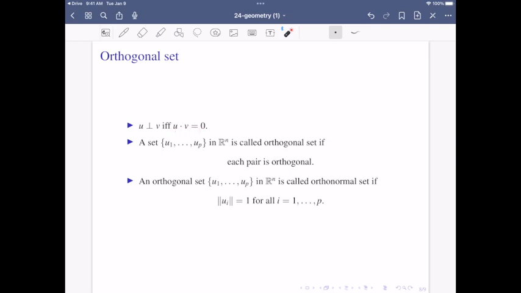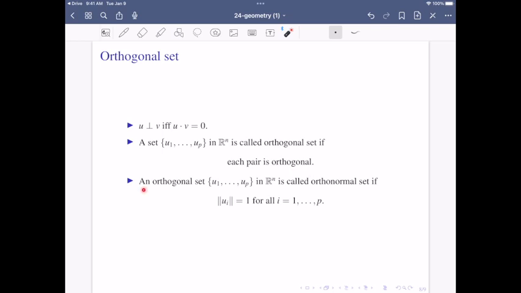Now if you have a set of vectors, maybe more than 3, the set is called orthogonal if each pair of these vectors is orthogonal to each other.